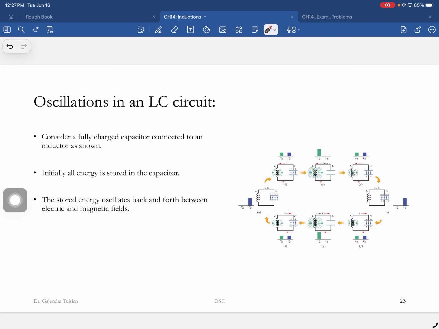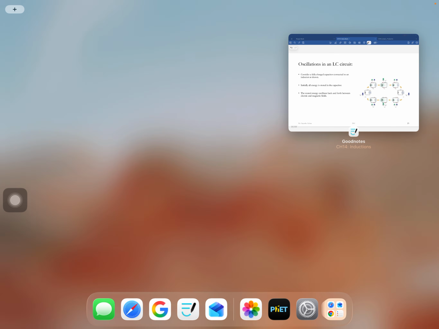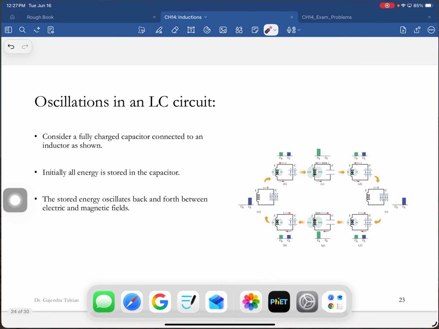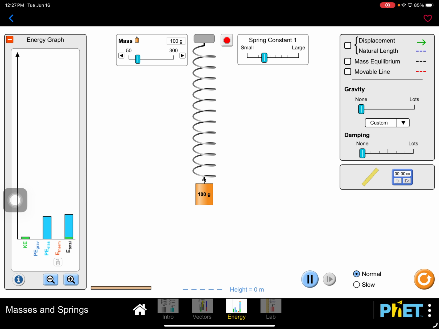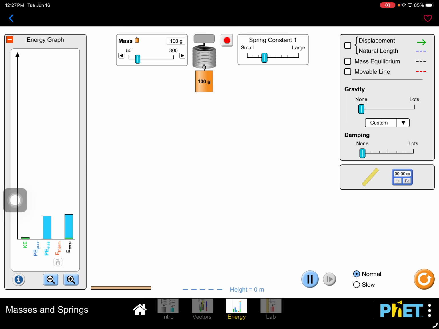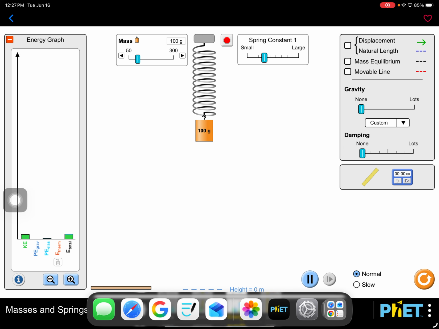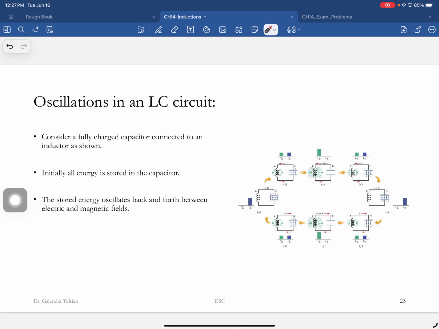What can stop its oscillation? What stopped the oscillations here? Damping, which is friction. So friction would stop the oscillation. What do you think provides damping in a circuit?